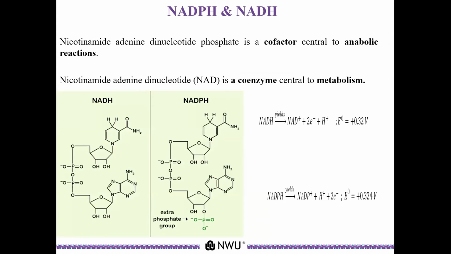So basically, I'm dealing with NADPH and NADH. NADPH has an extra phosphate group attached to it. From the half equations to my right on this presentation, you can see that NADH, for its oxidation to NAD plus, needs approximately 0.32 volts, and NADPH needs 0.324 volts, which is just a slight difference.